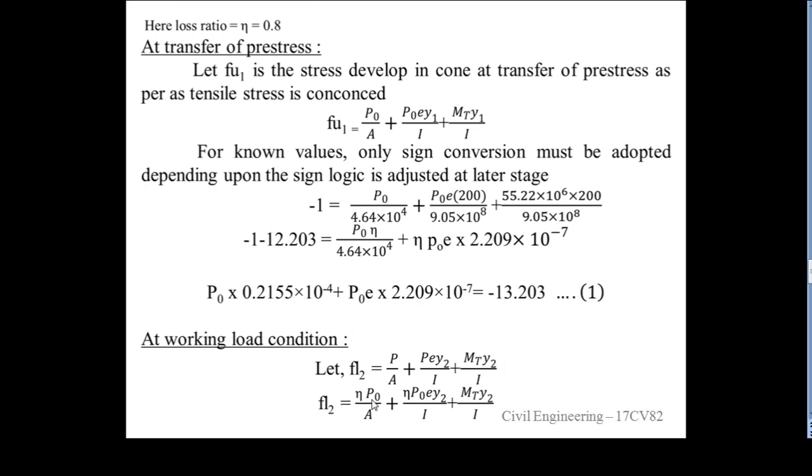Here nu P naught is equal to P. P is replaced by nu P naught, that is initial pre-stressing force. Here nu is equal to P naught by 2 E by I plus MT is the total load by 2 divided by I here.